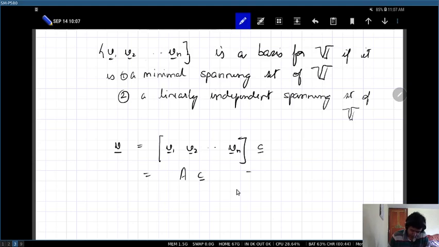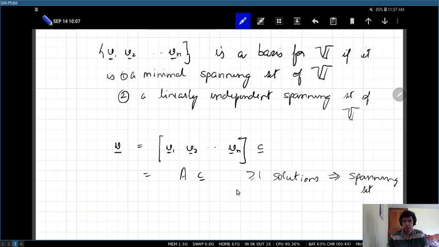So if this has greater than or equal to one solution, then it's a spanning set, right?